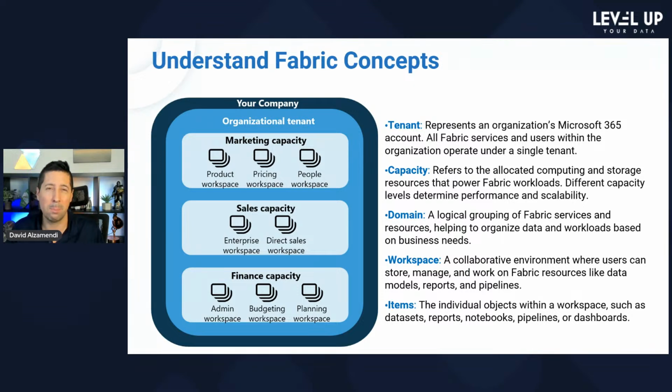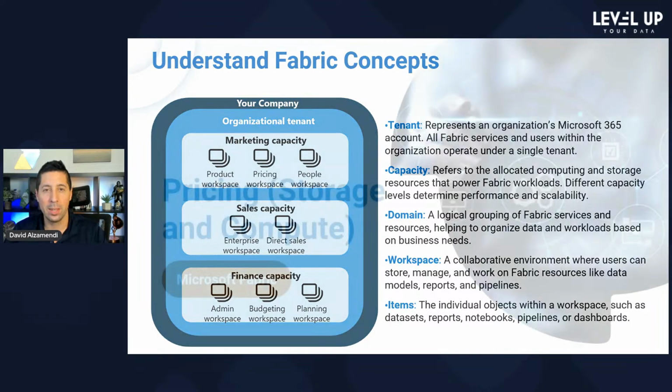So it depends on how you want to group the workspaces in your organization. You might take advantage of the domains because domains are basically optional, so you don't have to use them. But the takeaway of this slide is that you will allocate Fabric capacities to one or multiple workspaces, and that you will have multiple Fabric capacities running in your environment.